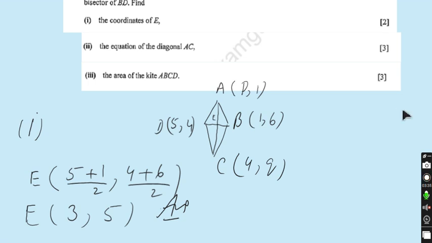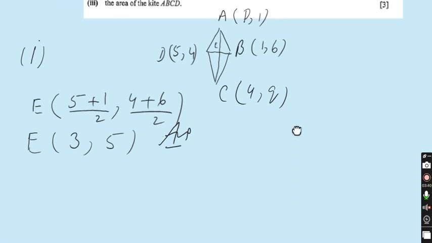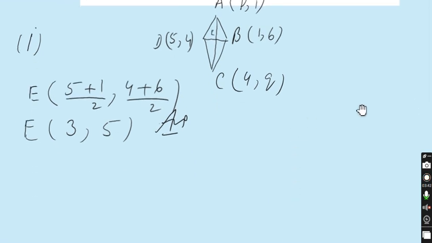The equation of the diagonal AC. Very easy. First we have to find the coordinates of A and P, or we can first find the gradient of BD.